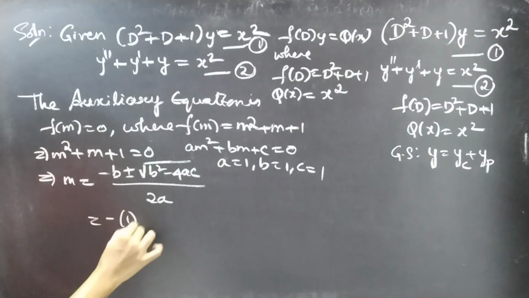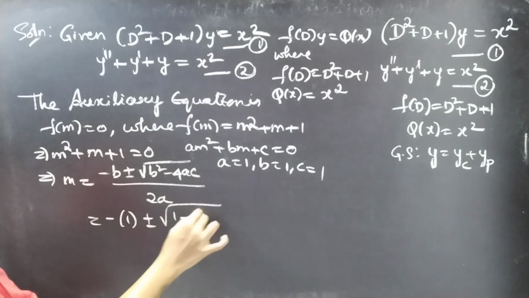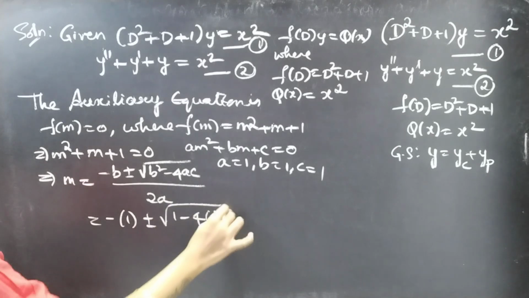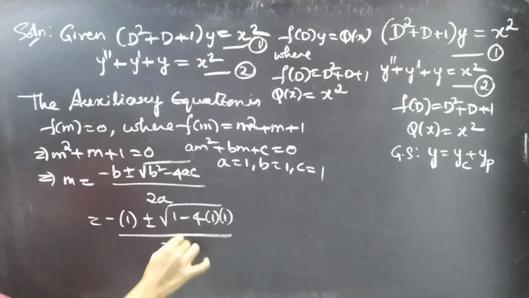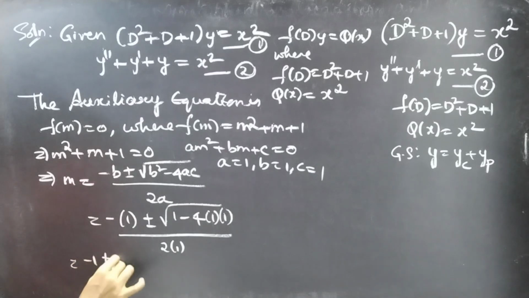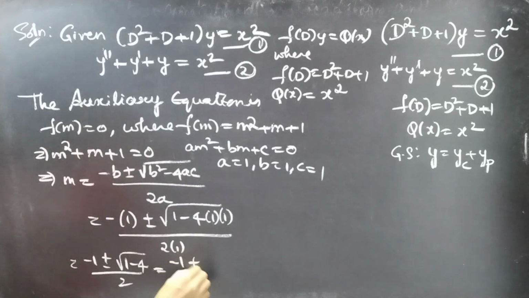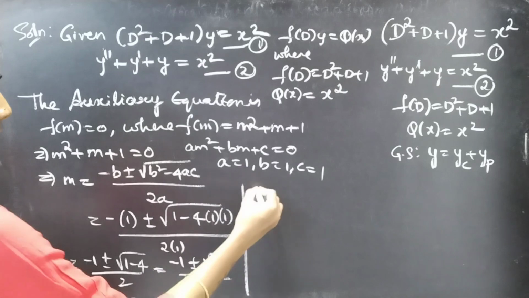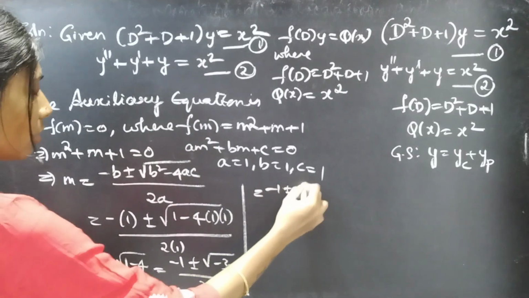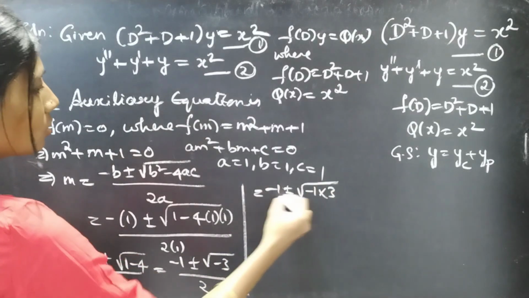You'll get (-1 ± √(1 - 4ac)) / 2a, which gives us (-1 ± √(1 - 4)) / 2. Right, we can also write it as (-1 ± √-3) / 2, or we can write √-3 as √(-1 × 3).